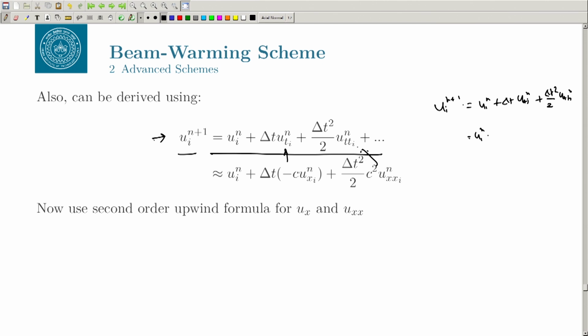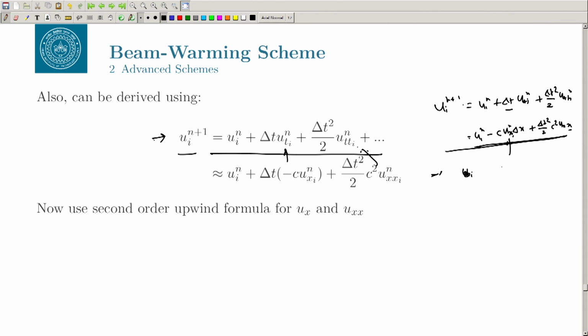So, this will become u_i^n minus delta t times c u_x at i,n plus delta t square by 2 times c square u_xx at i,n, and we are looking for an expression for this.